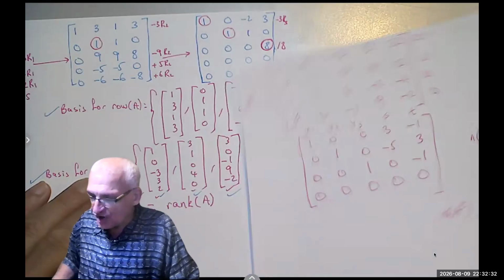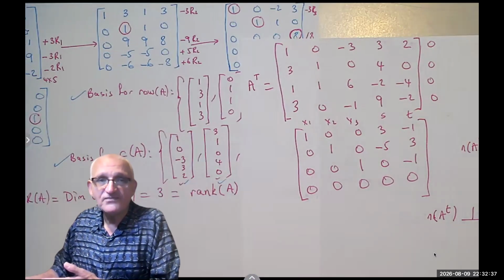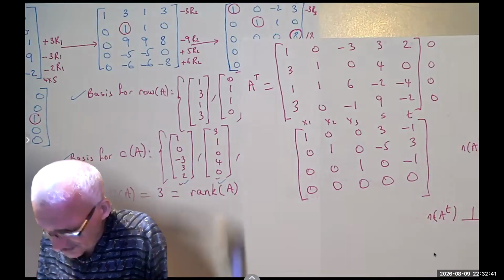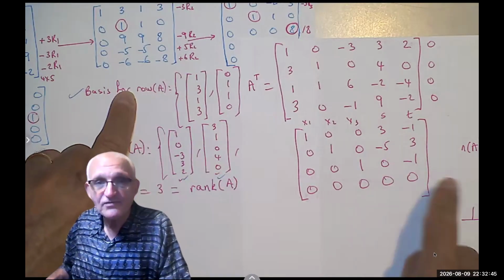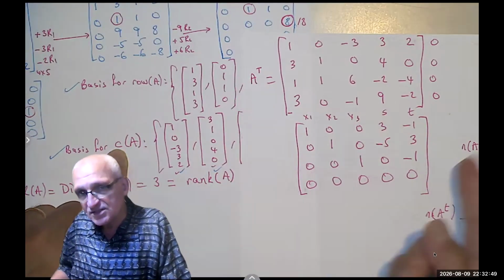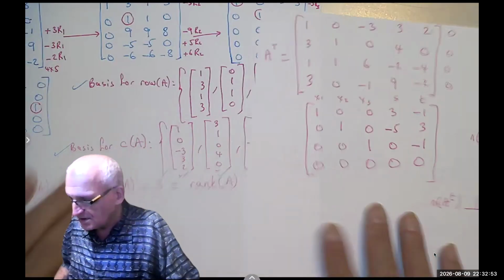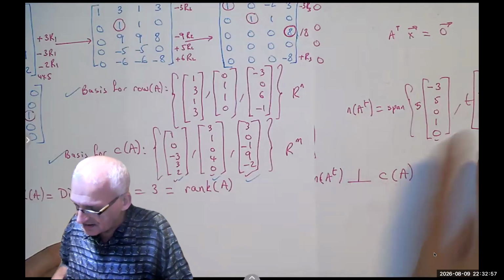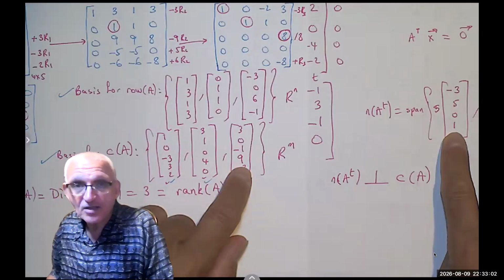And I don't need to calculate the row and the column space of the transpose of A, because the row space of A is the column space of its transpose, and the column space of A is the row space of its transpose. But what's important is the null of A transpose, because these two vectors are perpendicular to the column space of A.